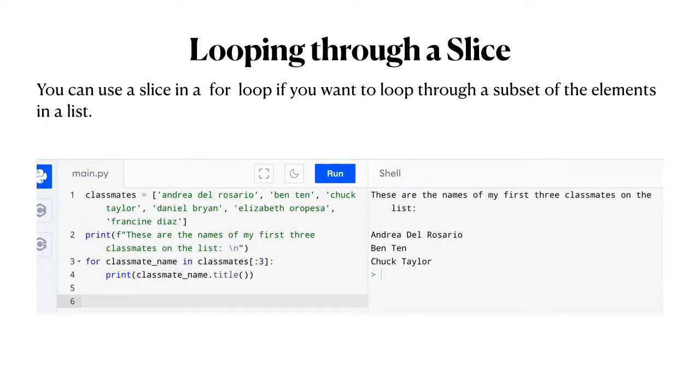So when Python prints after the for loop, it starts with Andrea, next Ben, and then Chuck, and then it stops at Daniel and does not include Daniel. That's why, if I run my code, you can see these are the names of my first 3 classmates on the list: Andrea Del Rosario, Ben Ten, and Chuck Taylor.